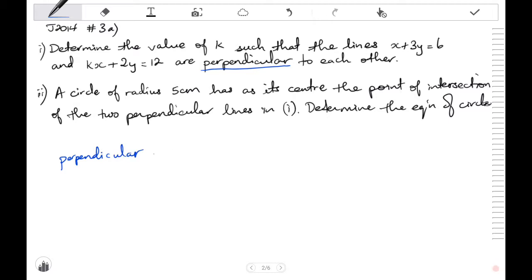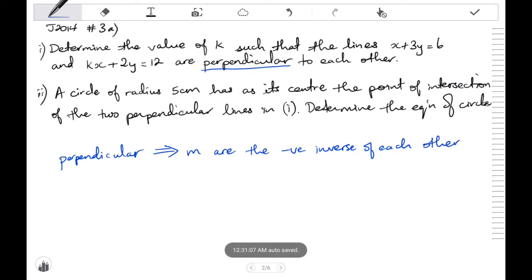we know that this implies that the gradients are the negative inverse of each other. And we did a few examples in class, right? So let's see how we apply it here. This is what this means, right? So therefore I have to look at values of gradient.